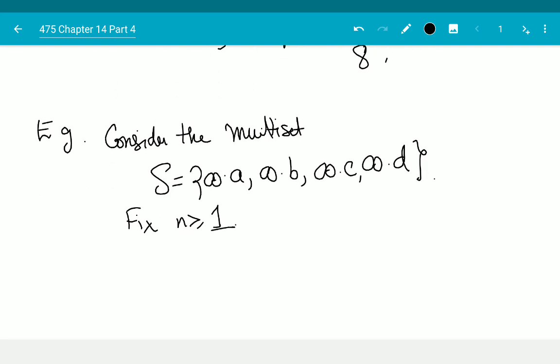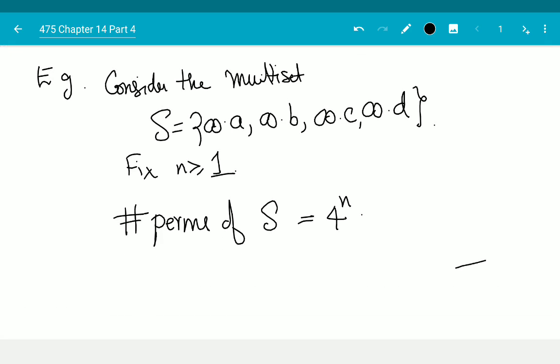So we are not saying that these are now on a square. These are just four letters. Recall, the total number of n-permutations of S is 4 to the n, right?